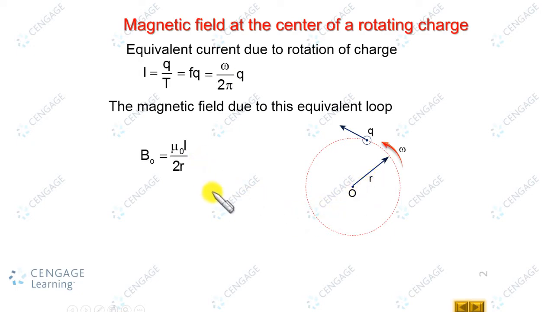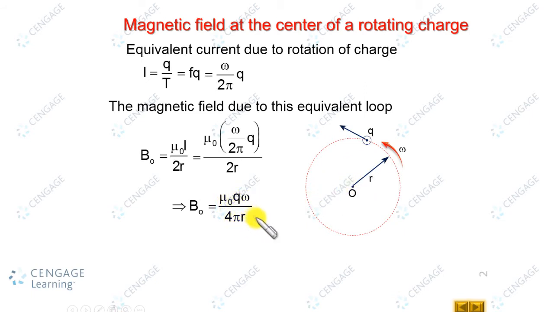So here we can write B equal to mu naught, and in place of I we will write omega divided by 2 pi multiplied by q, divided by 2r. Now we can rearrange this expression, and this is the final expression for the magnetic field at the center due to rotation of this charge, that is mu naught q omega divided by 4 pi small r.